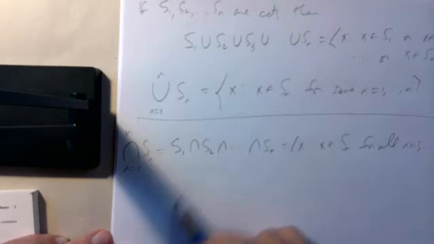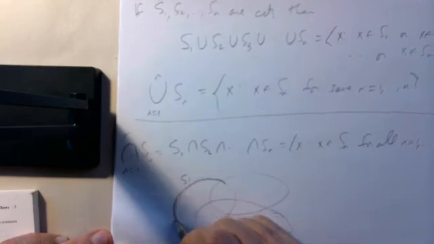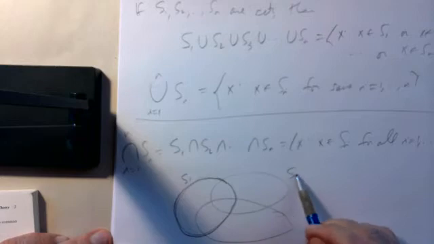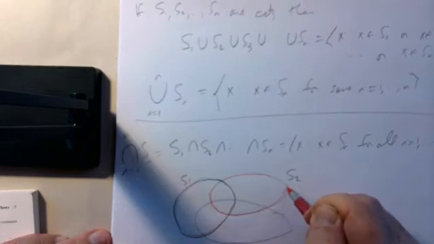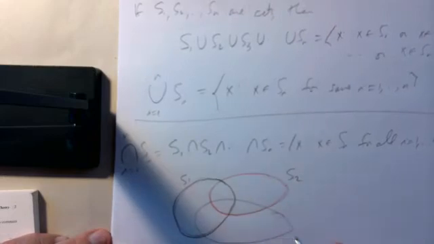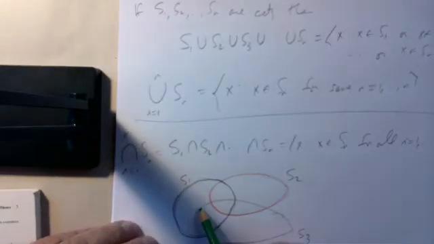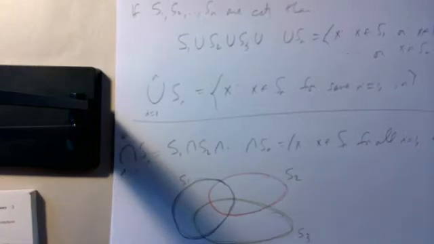So for example, if we have three sets, this is S1, this is S2, this is S3, what are the elements that belong to all of those sets?